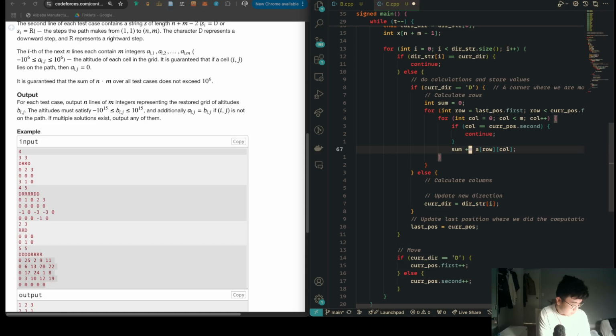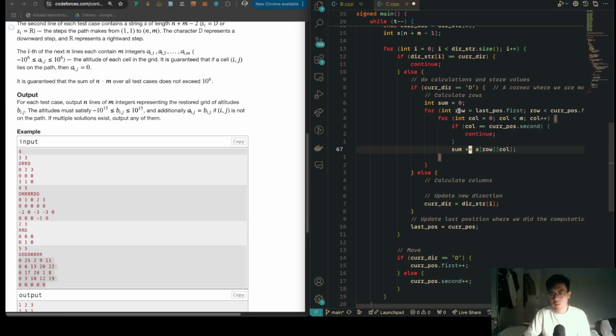x plus 2 plus, and at a corner where now we're trying to go right, we're going to sum until curve pause. This is x1 plus x2 plus x3 plus x4.